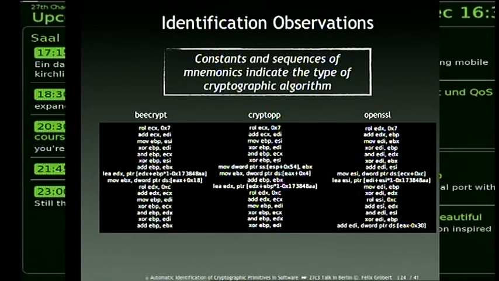You see on the bottom different implementations of MD5, but they all start with a rotate left 7. Their next instructions are also the same, so to find an MD5 implementation, you could use the chain of instructions rotate left, add, move, XOR, which is the same for all three implementations.